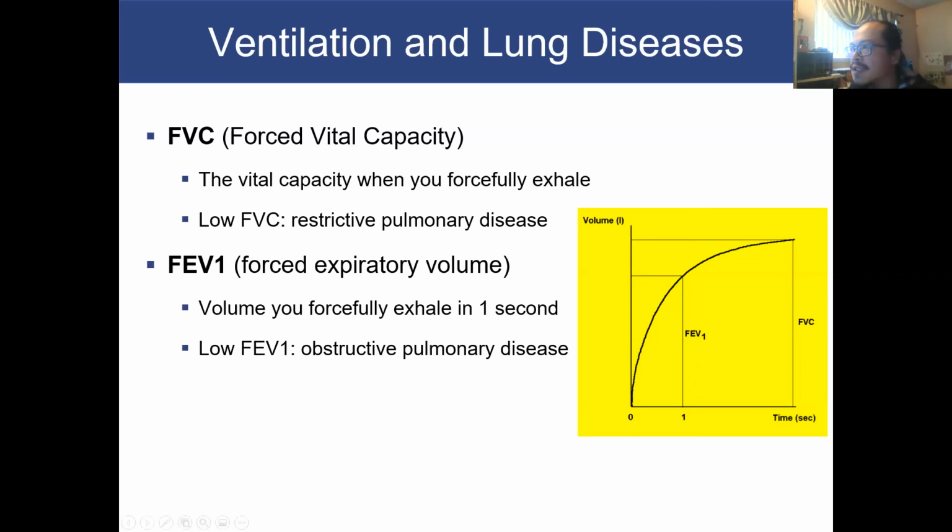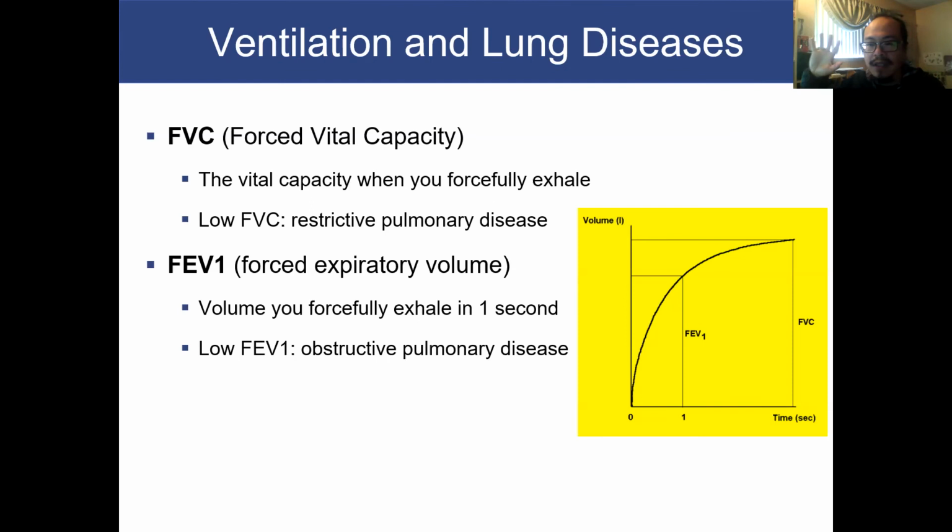So these two numbers are important in the clinical setting because we can use low FVC and or low FEV1 to differentiate and diagnose these two types of lung disease.